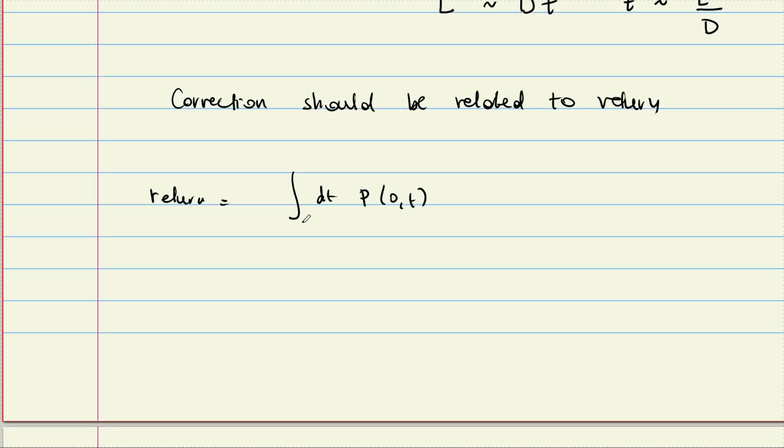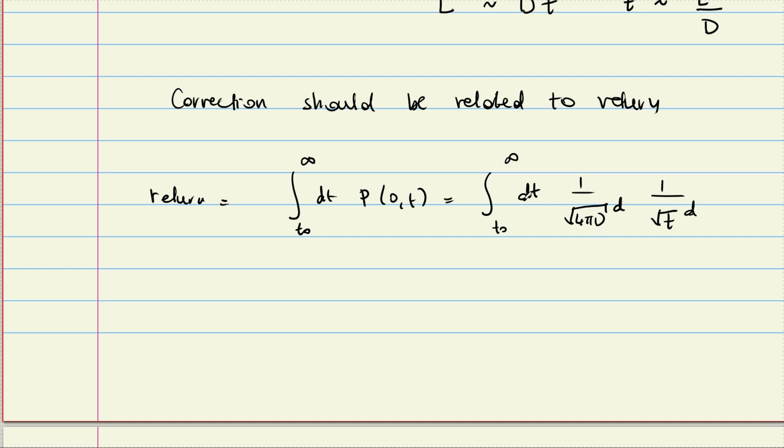And return is the integral of dt p of 0, t. And if you remember what we did last time, we need to put a lower cutoff because diffusion starts at least after the scattering time, but it can go all the way to infinity. And this is equal to, from some t0 to infinity, dt 1 over 4 pi D t to the d over 2.